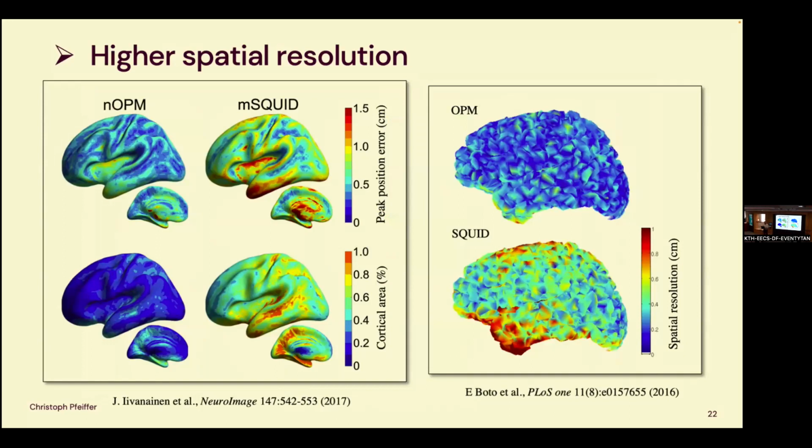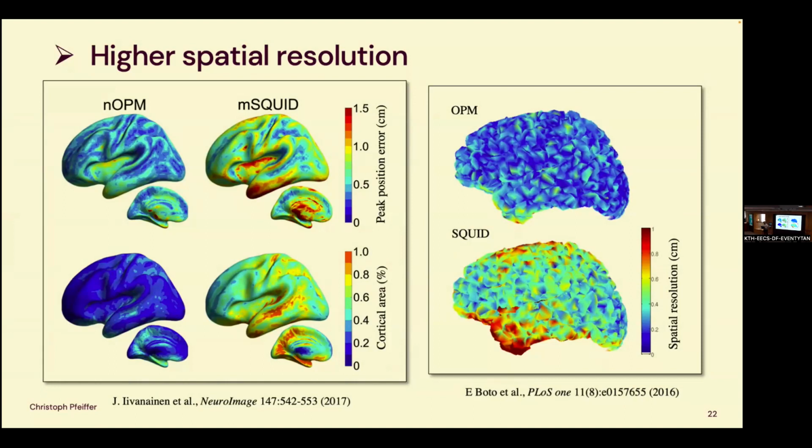It's not just more information. What is, I think, one of the most interesting things is that we are expected to get higher spatial resolution. So this is different ways of trying to determine spatial resolution. So the peak position around cortical area, for example, is basically that you put an individual dipole in the brain, then you calculate the signal that the sensors would see and try to go back to source level.